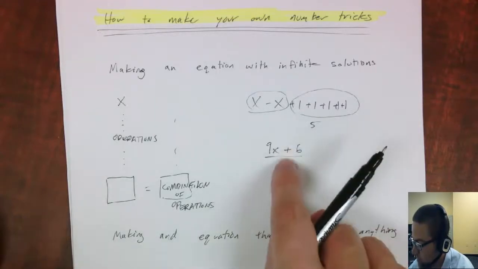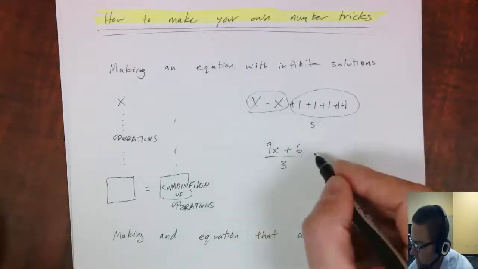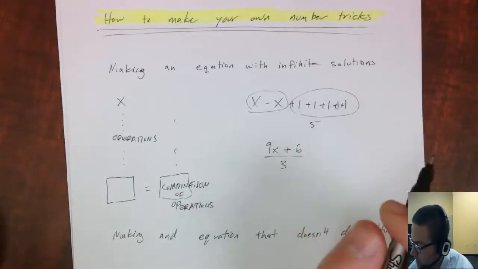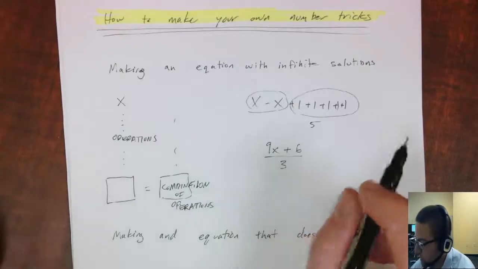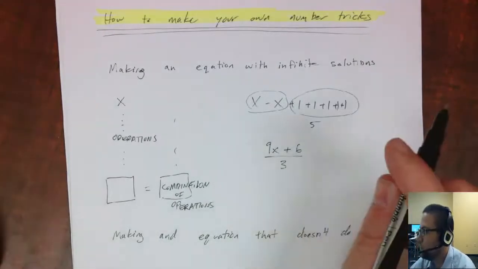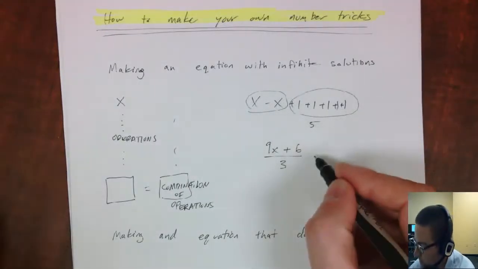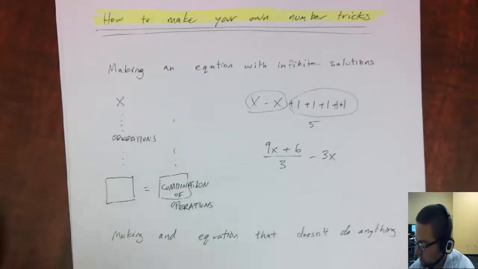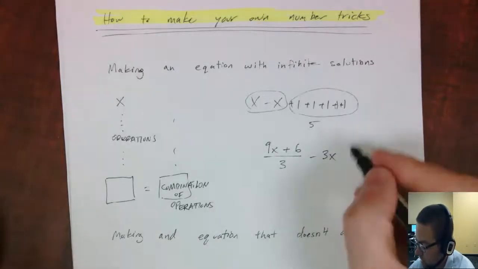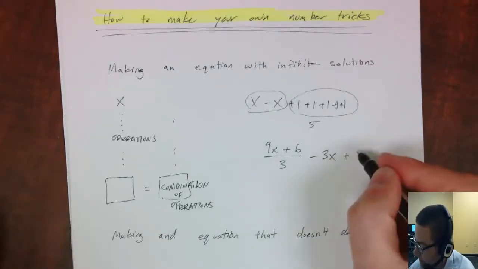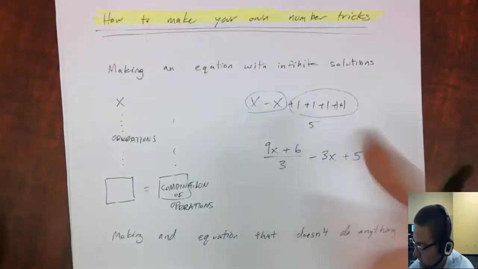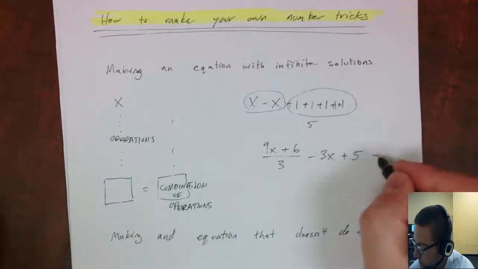So it'll be 3x plus 2. Then we'll take away 3 times the number, and how about add 5. So this would be 2 plus 5, so the final answer will be 7.